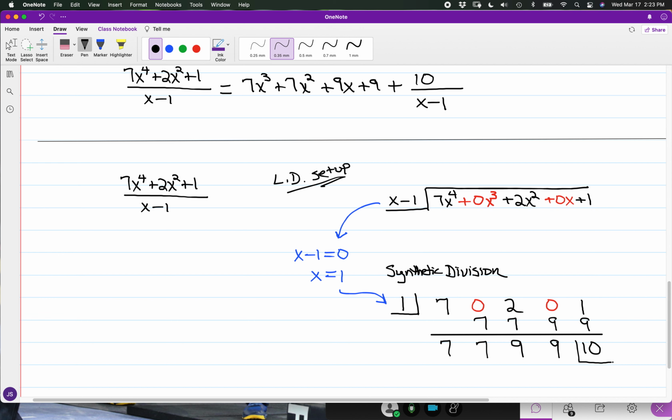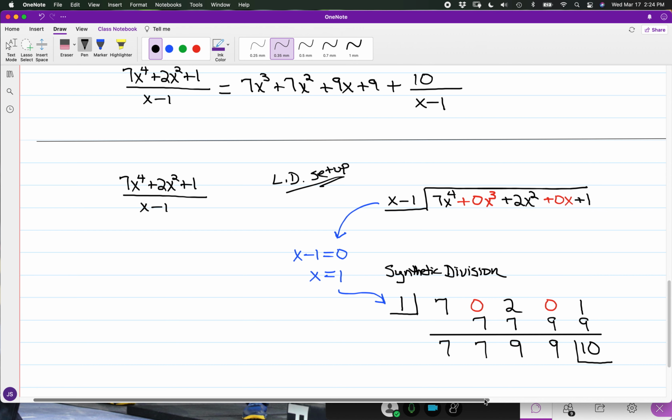So again, the leading number is going to be brought down. You bring down 7, multiply by 1, the product is taken over, add again, multiply by 1, transport the product, then add in the third column, and you have that sum multiplied by 1, the product is transported over, add once again, multiply by 1, transport, and we have the last column total.